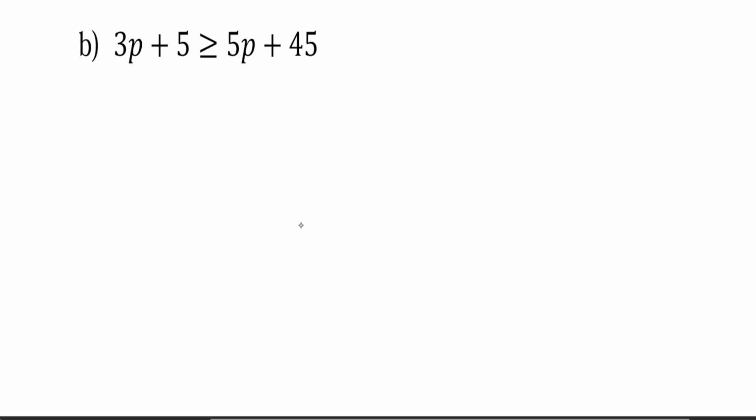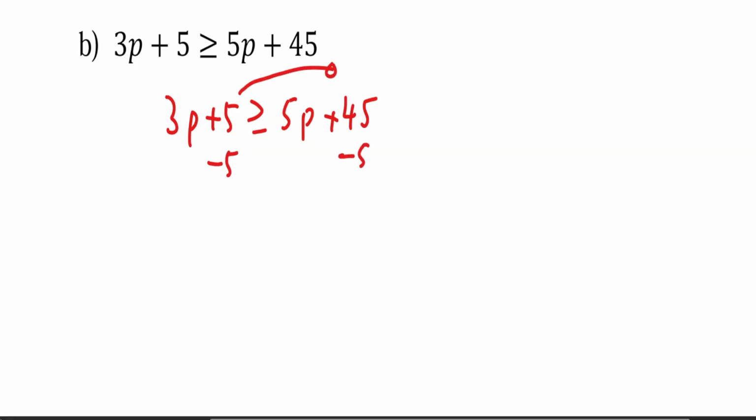Now you have obviously one unknown, so it's very simple. I'm writing the question down again for the audience to see. So you subtract 5, moving 5 to the other side, and because it becomes negative, it gives you something less than or equal to 5p plus 40, and this one just has 3p.